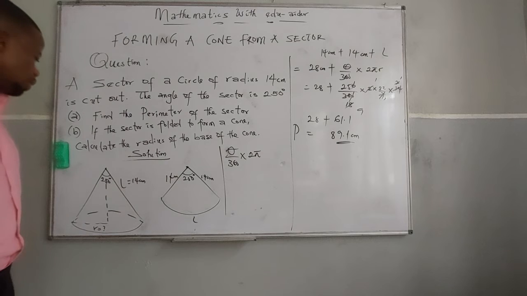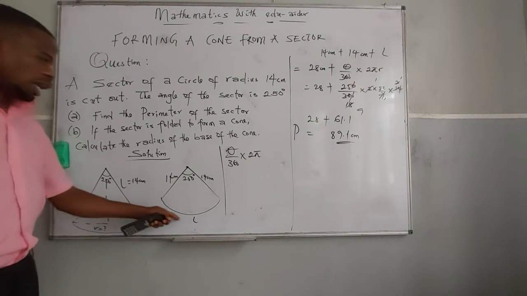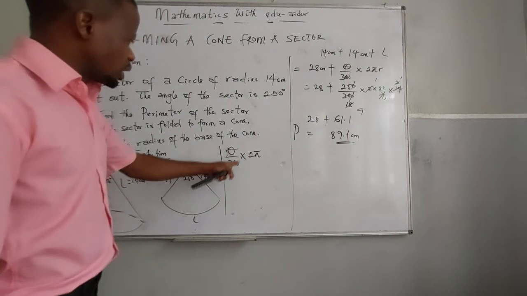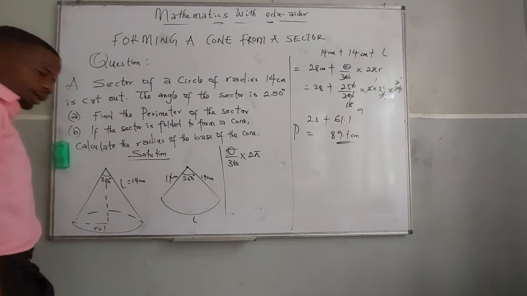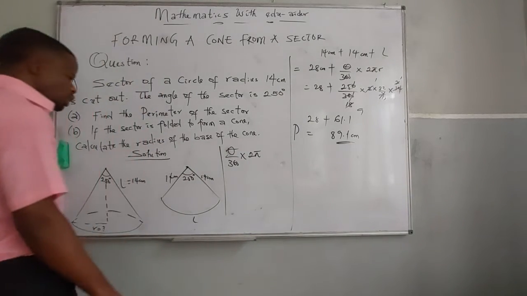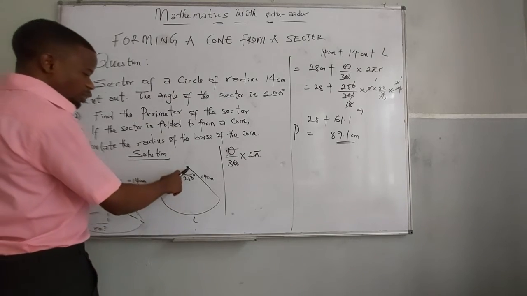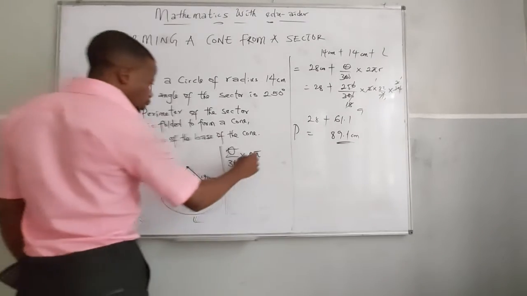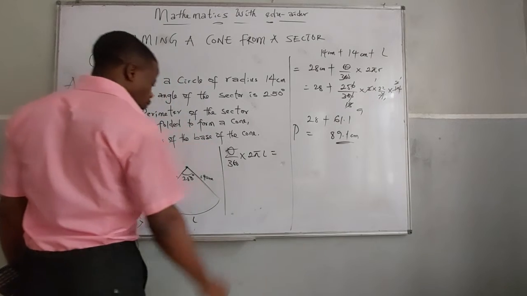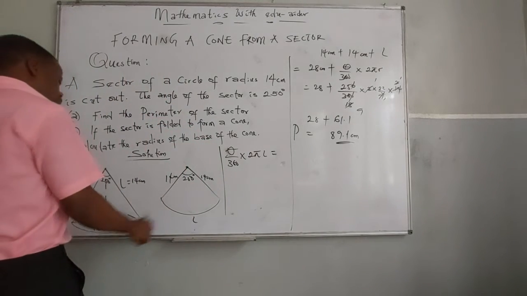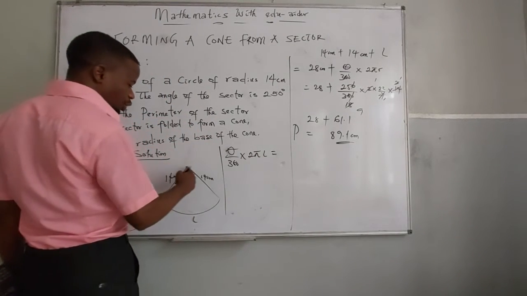We have theta over 360 times 2 pi, which is supposed to be 2 pi r, but the r is this radius, so that will be 2 pi l. That should be equal to 2 pi r, the radius of this circle.